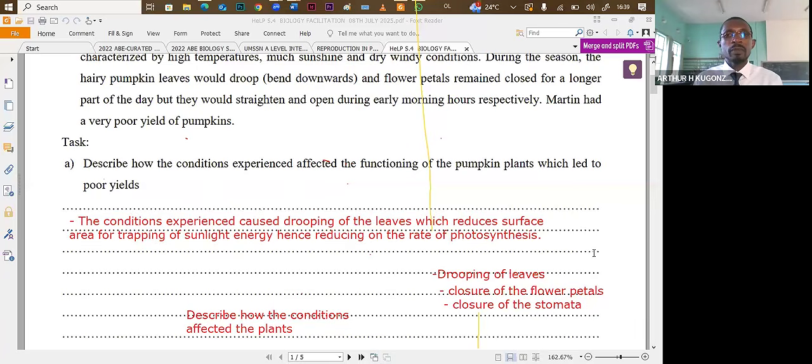That is my point. Fully described. So as a student, I would have written my point like this.